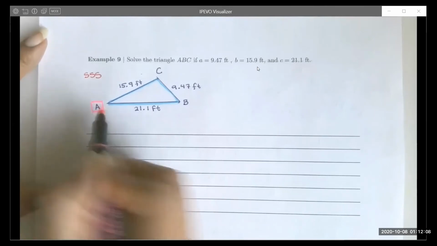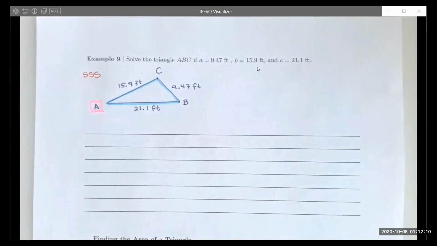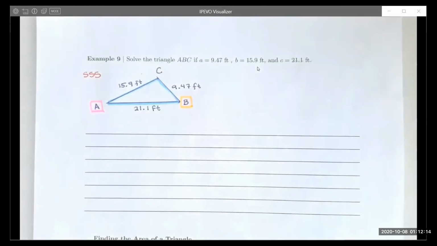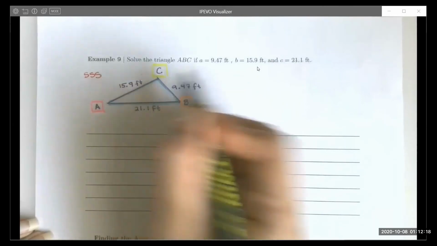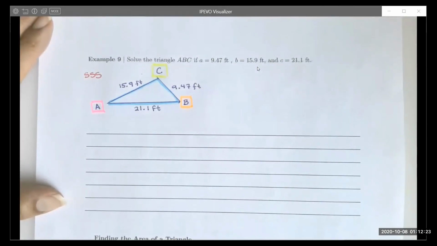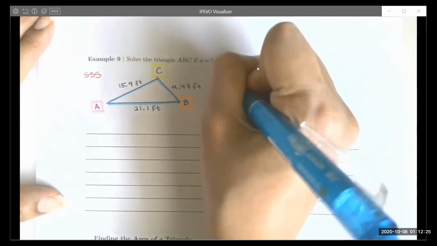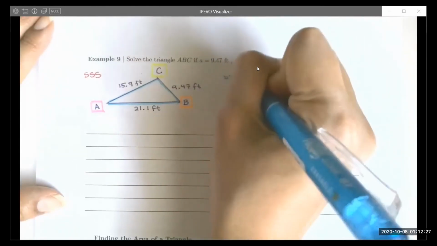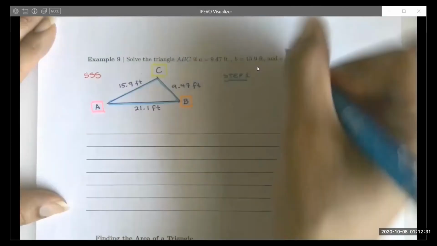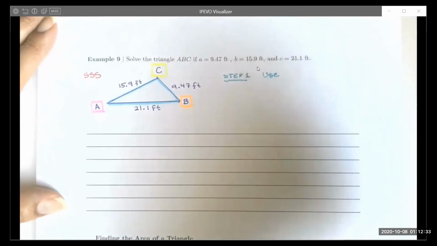Well, we're missing angle A, angle B, and angle C. So again, I'm going to give you some guidelines for the steps. Step 1, you want to use the law of cosines to help you find the largest angle.